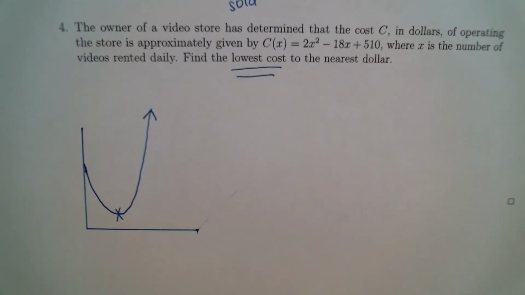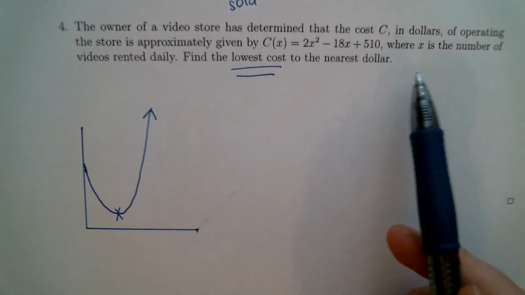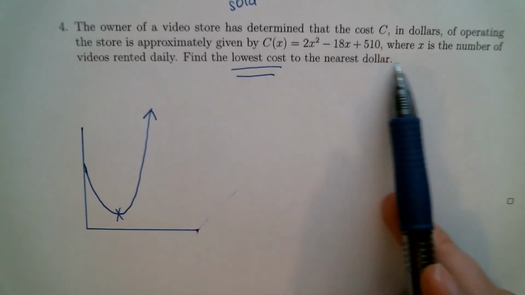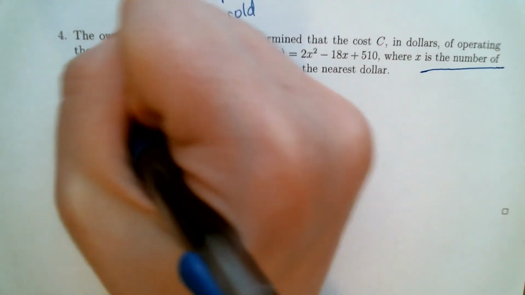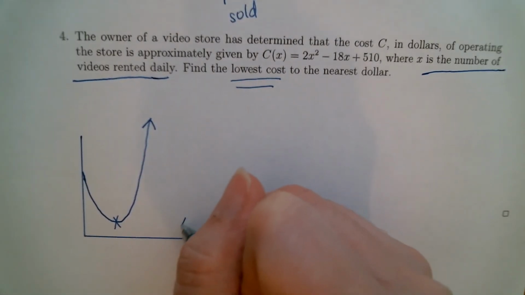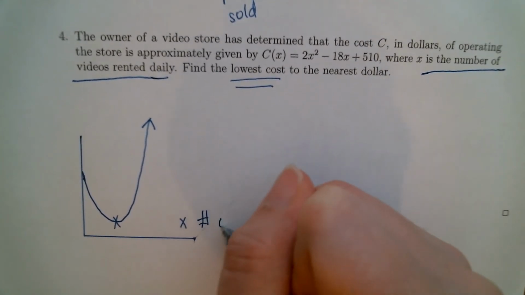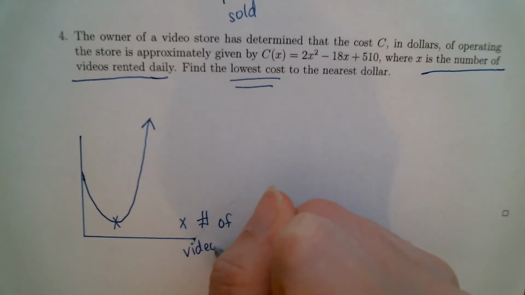Okay, let's talk about what the X and Y axes represent. If you go back and read the problem, it says X is the number of videos rented daily. So X is tracking the number of videos rented daily.